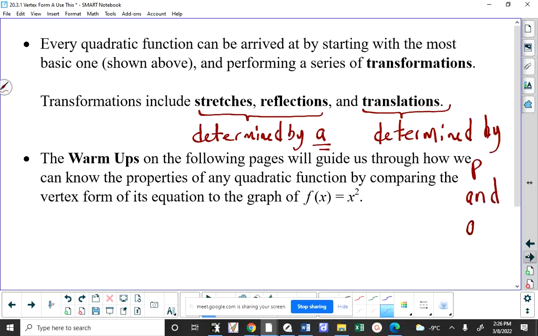And I think even though you don't know what they do, I think it's important to start off knowing this is what's going to happen. When you put a number a into that vertex form, you get a parabola which is either taller or shorter, and you get a parabola which is either pointing up or pointing down because it's been reflected. And we have a lot to go through here, but don't look at it as some daunting task. We're going to learn from it and pick up the pace.